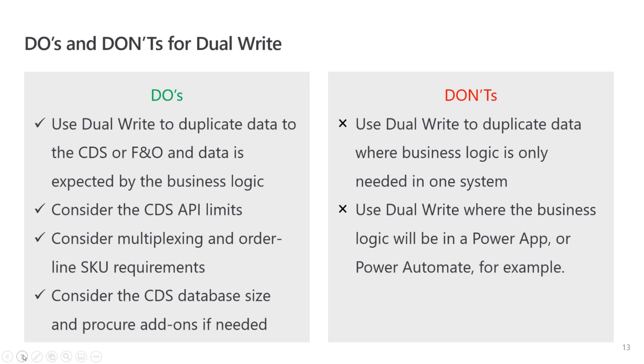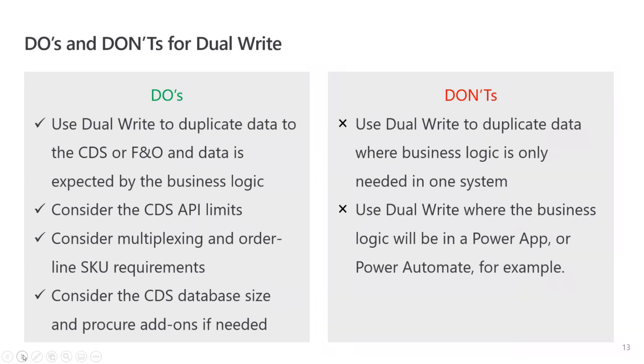You'll also need to consider your CDS database size and procure add-ons if needed. Obviously your F&O database needs to be considered as well, but when you use dual write, you are copying that data into the CDS and will need to make sure that it is sized correctly based on those needs.